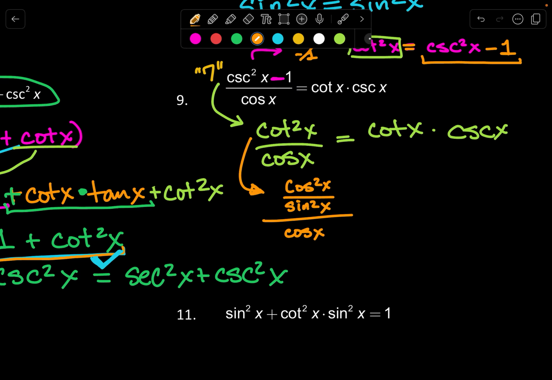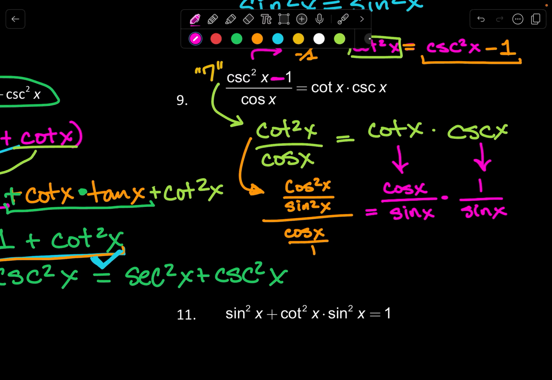And I'm going to write that as cosine x over 1. Then that equals, cotangent is cosine x over sine x, multiplied by cosecant, which is the reciprocal of sine x.